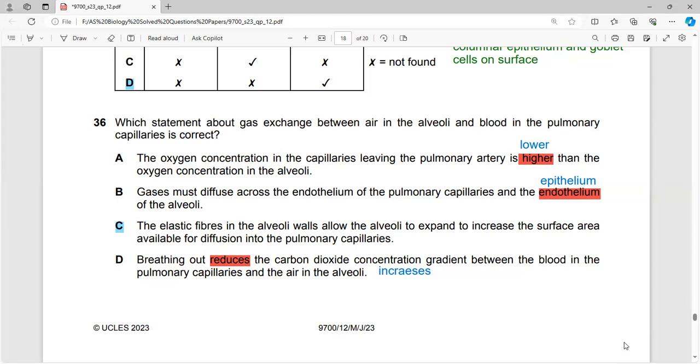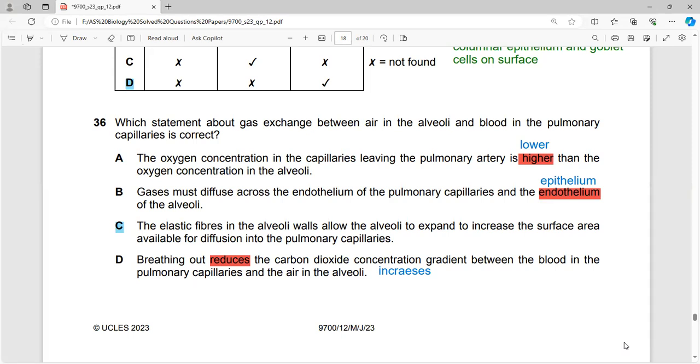For example, carbon dioxide at high concentration moves from the endothelium of the pulmonary capillary and is absorbed on the epithelium of the alveoli. This epithelium on the alveoli increases the surface area, so the gases are exchanged across a large surface area created by the epithelial cells. So endothelium is the wrong word here.